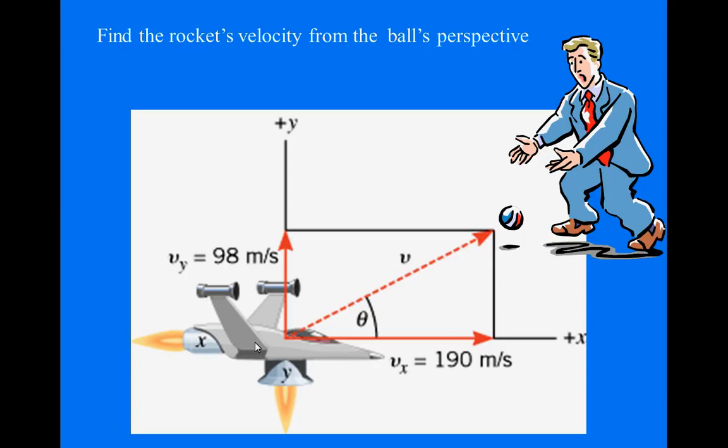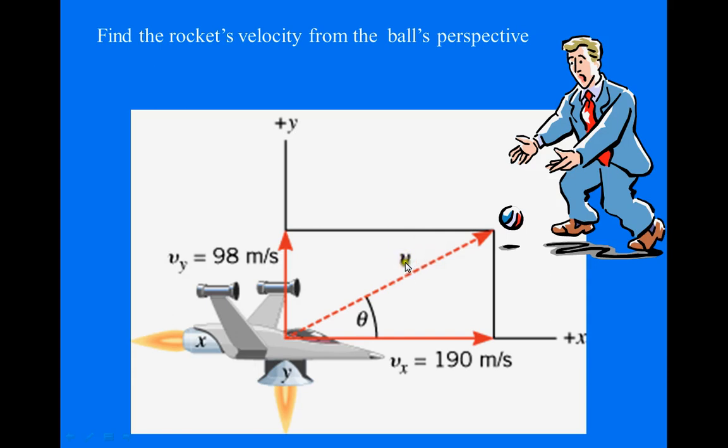So if we press both buttons at the same time and we have a final velocity of 98 meters per second in the y-axis, 190 meters per second in the x-axis, then we can find the final velocity, this one, the final velocity, a squared plus b squared equals c squared.